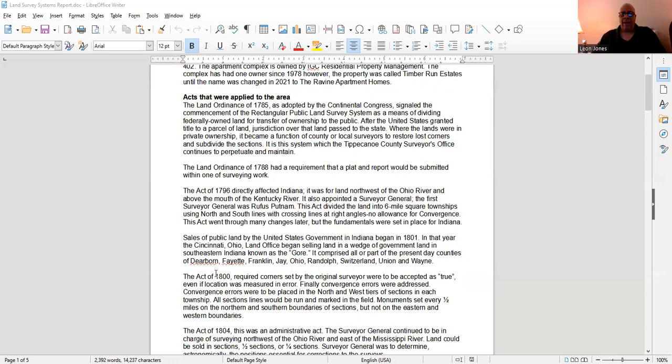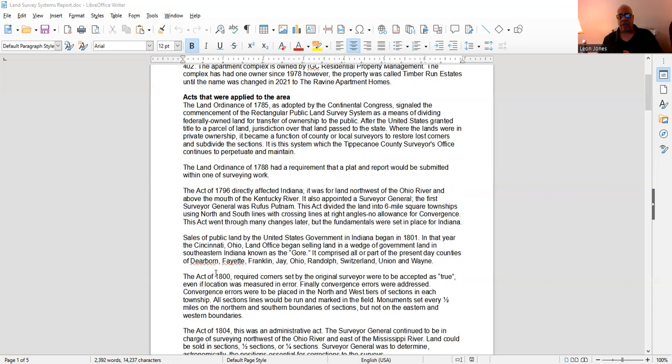And during that time, it appointed a surveyor general, and his name was Rufus Putnam. Now, again, as I explained before, the act divided land into 6 square townships using north and south lines with crossing lines at right angles, no allowance for convergence. And the act went through many changes later, but the fundamentals were set in place.